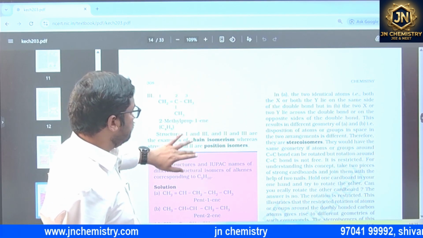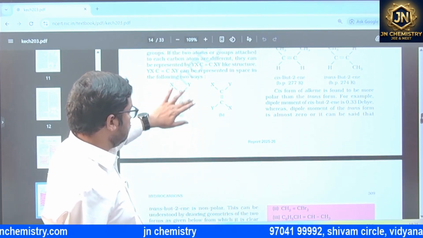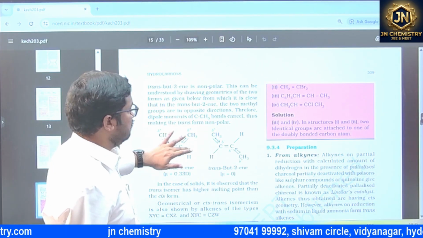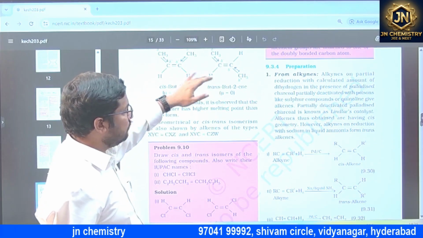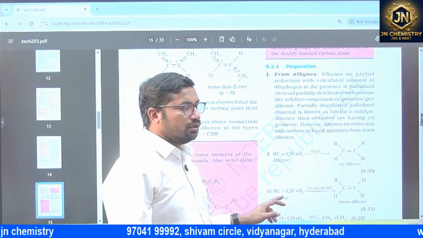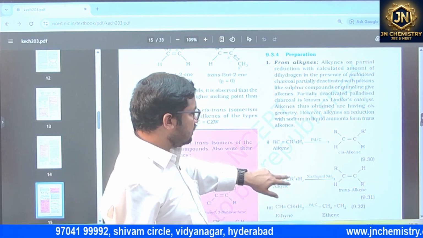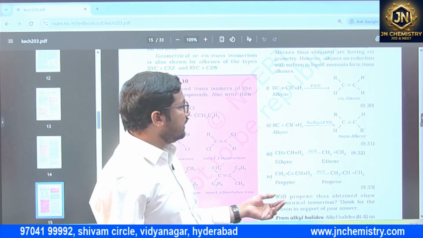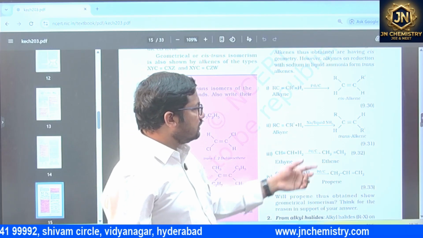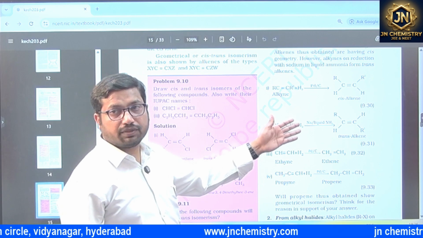Isomerism. Preparation from alkynes I already told you: Birch reduction and Lindlar's catalyst, which give alkenes. Sodium in the presence of liquid ammonia gives trans alkenes. Recently they asked a question from NCERT only.